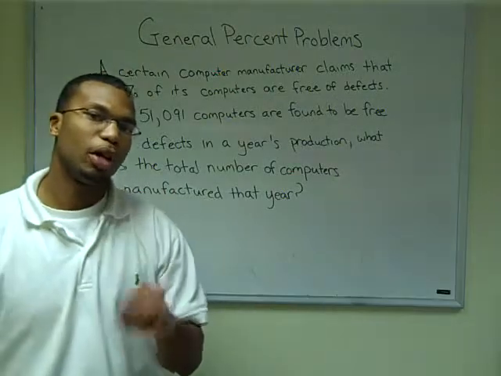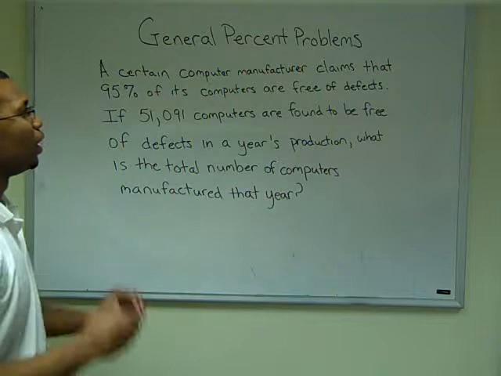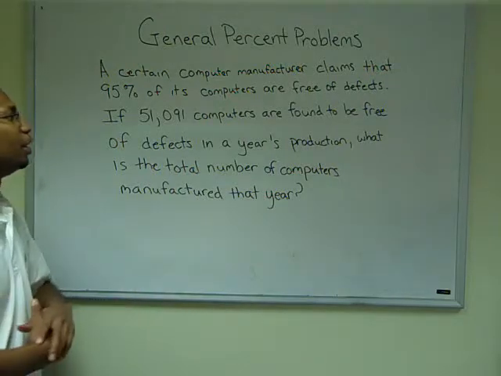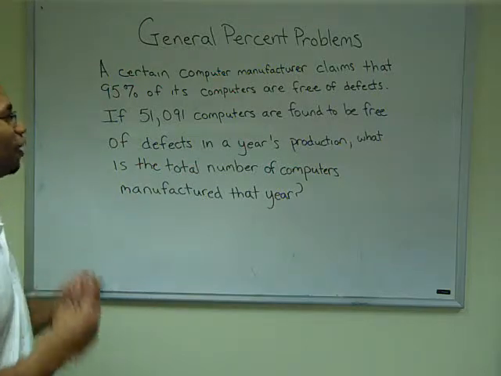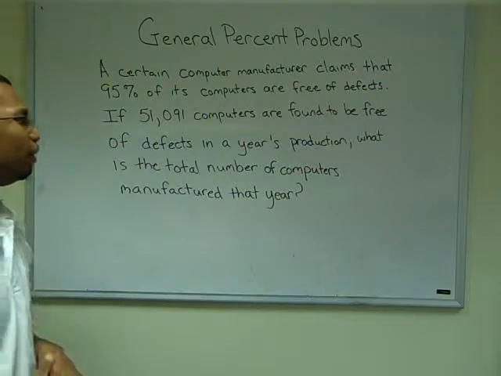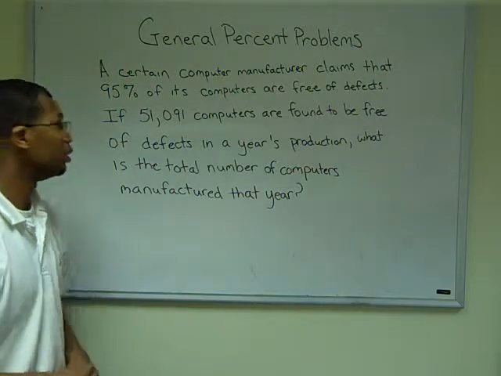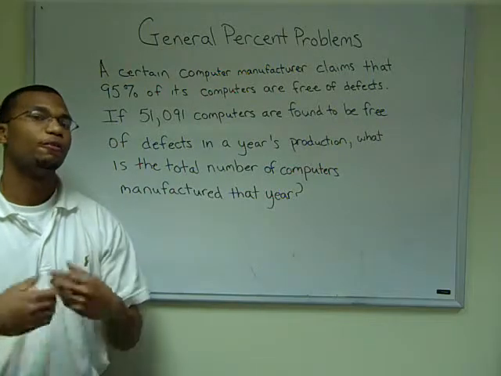Okay, this problem reads, a certain computer manufacturer claims that 95% of its computers are free of defects. If 51,091 computers are found to be free of defects in a year's production, what is the total number of computers manufactured for that year?